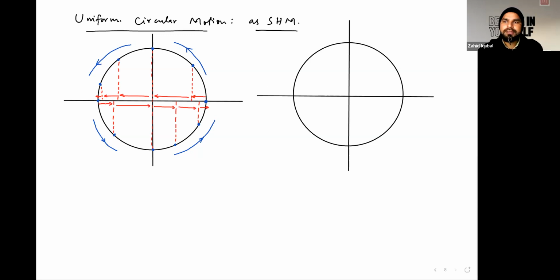Now, if you just consider in this part the motion of the projection of the body along the x-axis, only this part, you'll observe this motion is to and fro, to and fro, to and fro about this given position, that is the mean position. Is it clear? Yes, sir.